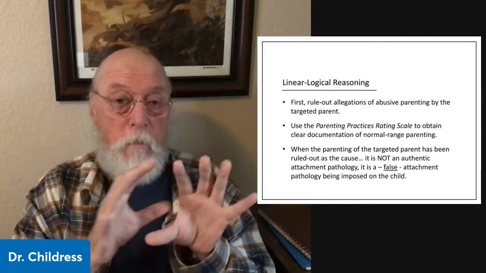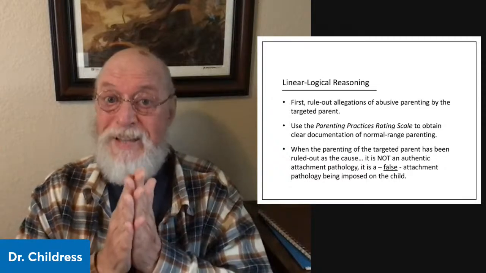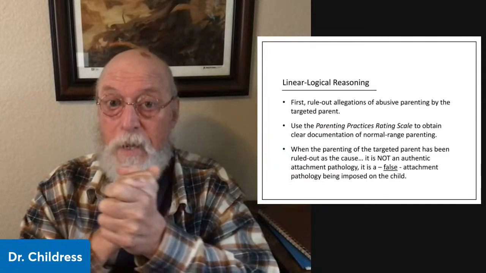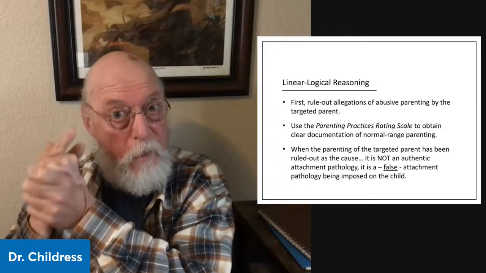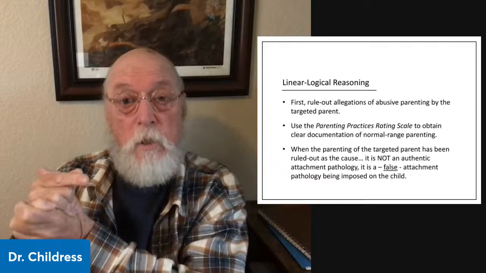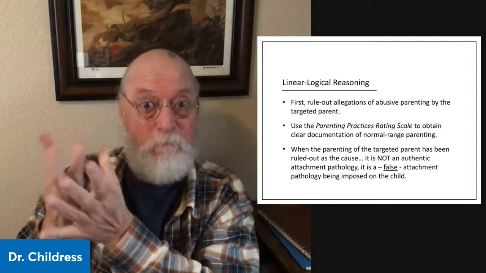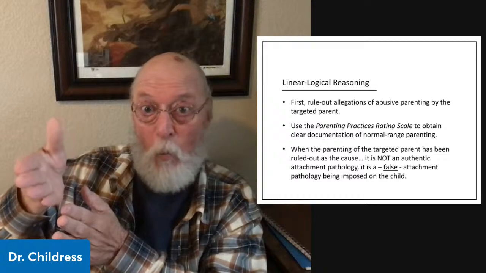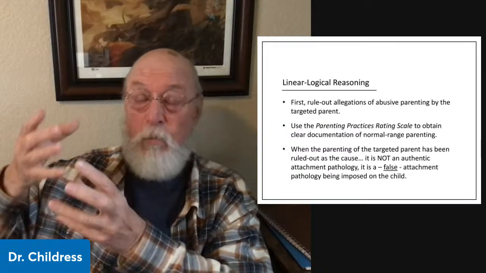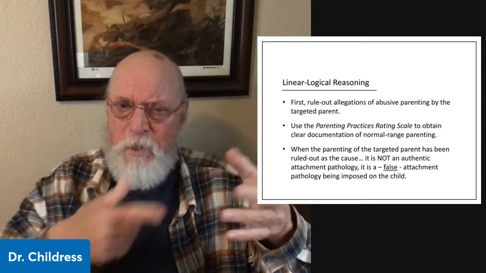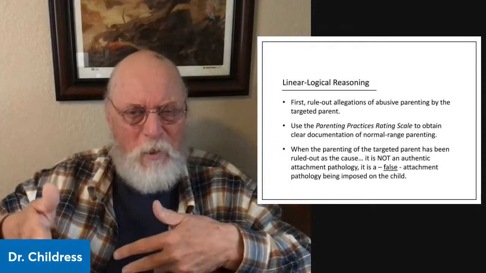So once you get them to acknowledge that you are not abusive, that's when you kind of have to take their hand and take them to the next step in the logic and say, that means it's a false attachment pathology being imposed on the child by the other parent, right? And they say, well, I know it's either true or false. It's either a true attachment or it's a false one.